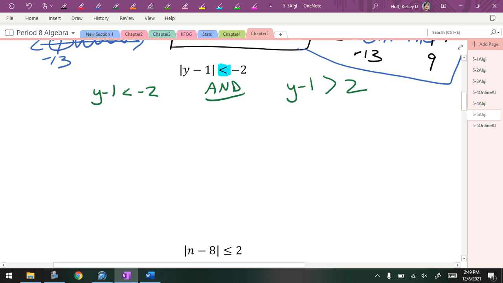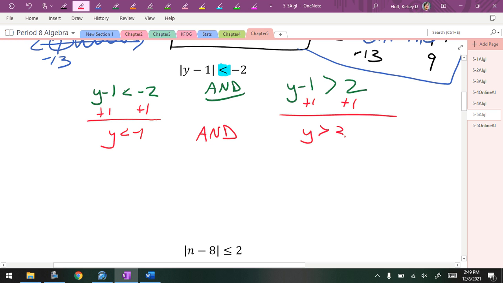To solve on the left, add 1. y is less than negative 1. And if I add 1 on the right, y is greater than 3. Okay? I'm going to graph.